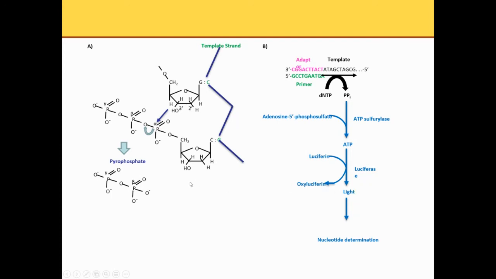So every time you incorporate a new nucleotide, it releases pyrophosphate and you detect the light, so that you know a certain nucleotide has been added to the sequence.